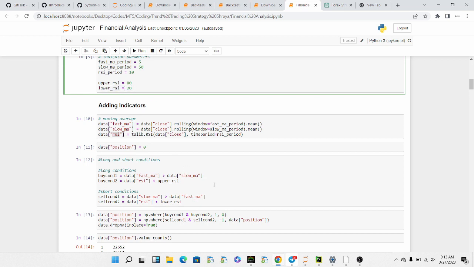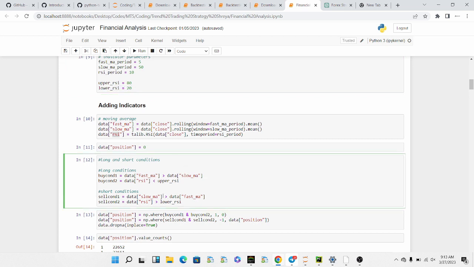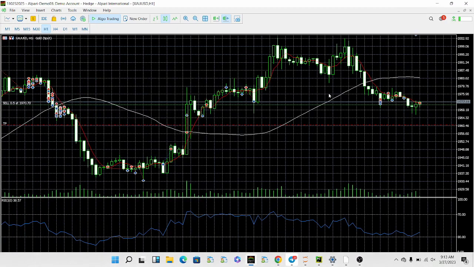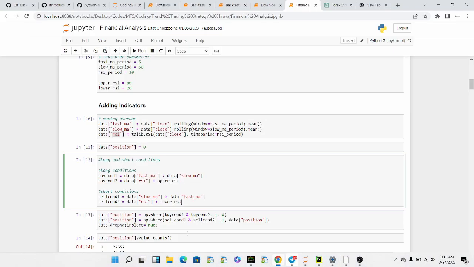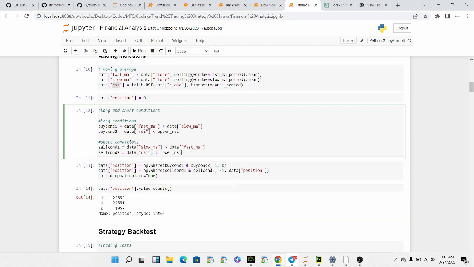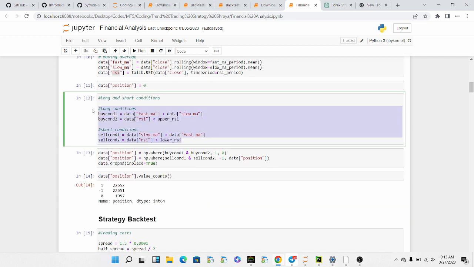If you look at our sell condition here, the slow SMA needs to be greater than the fast SMA, and the RSI greater than the lower RSI. Our slow SMA, the 50 SMA, is greater than the 5-period SMA, and our RSI is currently greater than 20. You can see that value is 38.05. So obviously we can go into a sell position according to these long and short conditions.